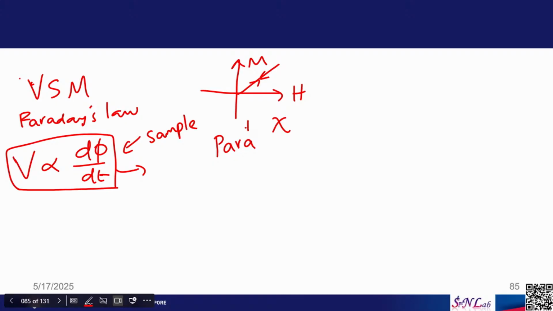So, we can say positive susceptibility. And if you take a diamagnetic material, this M-H curve will show a negative slope, and again the path is the same whether you go this way or the other way. So, diamagnetic materials have negative susceptibility.